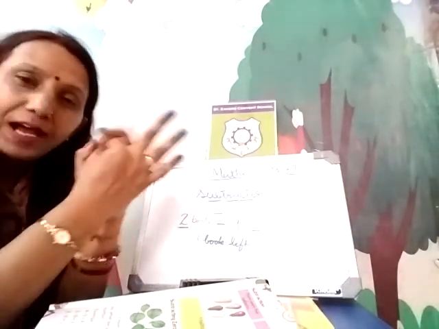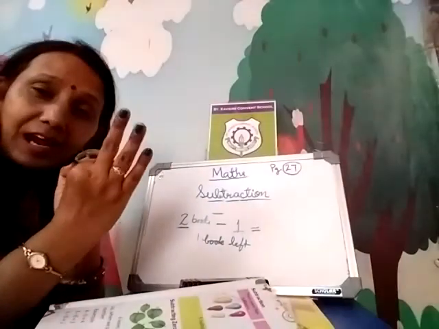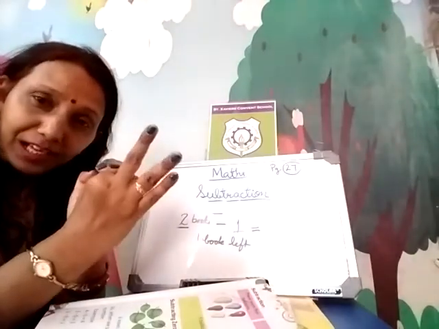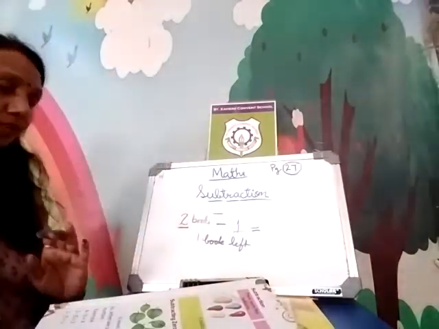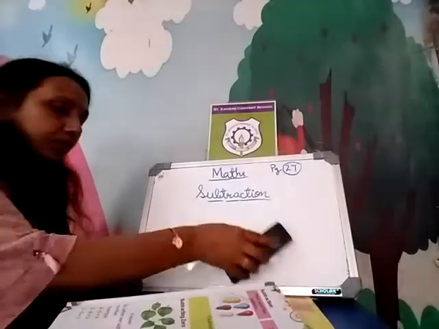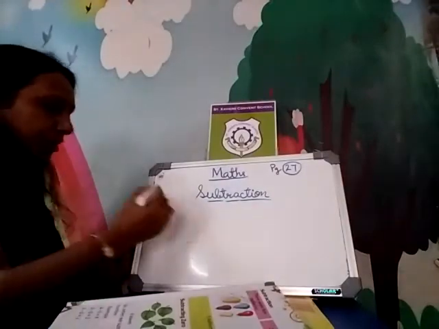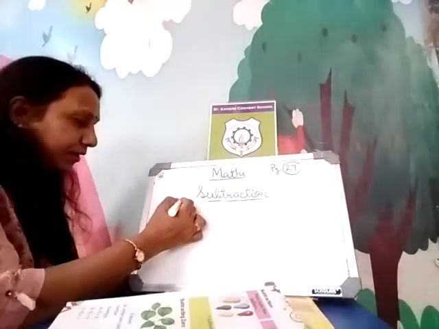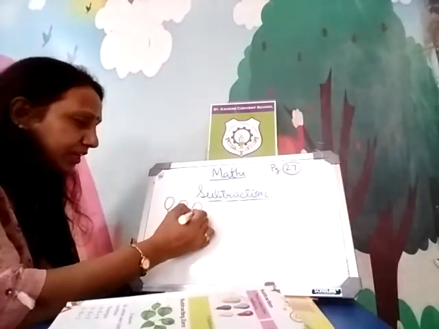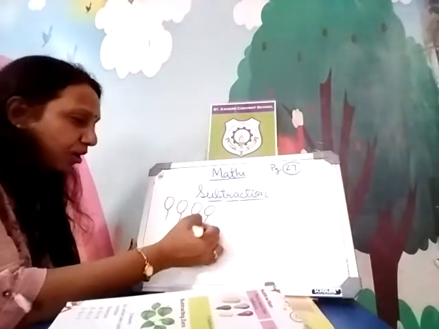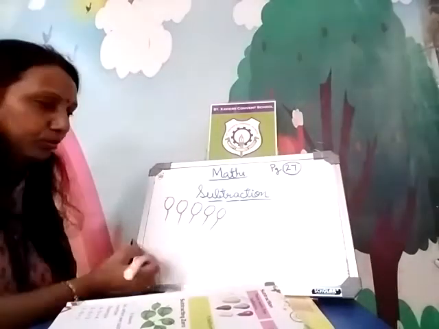So through minus, 3 left. Got it? So here there were 5 balloons. You love playing with the balloons? 1, 2, 3, 4 and 5 balloons.